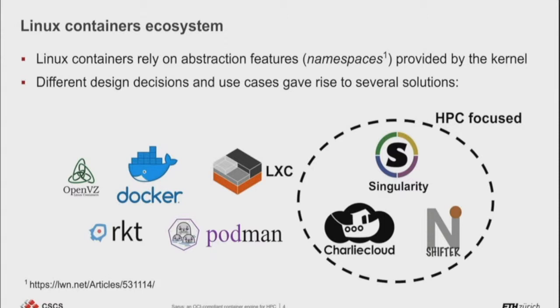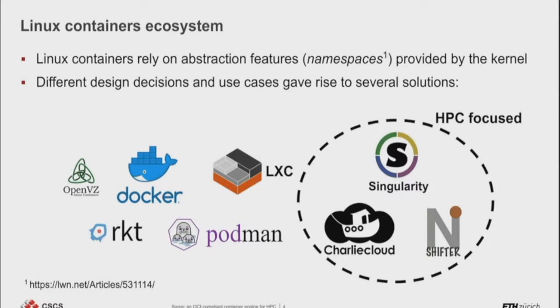But while the base technology is similar, there are a lot of details to get right, a lot of choices along the way to assemble a complete container solution. So these different decisions and different use cases led to the birth of several container products.